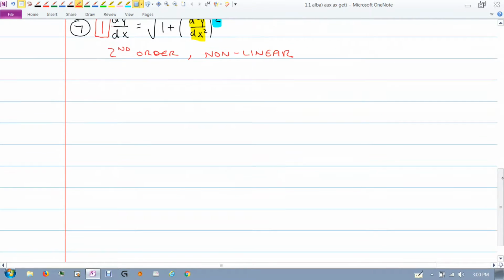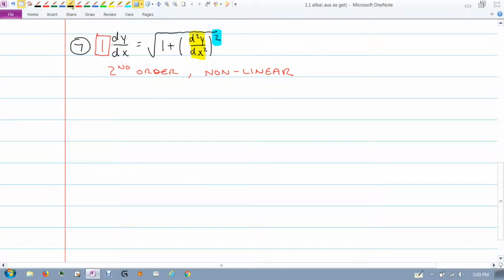Scroll back up a little bit. Let's look at number 8. For number 8, we have the second derivative of r with respect to t equals negative some constant over r squared.